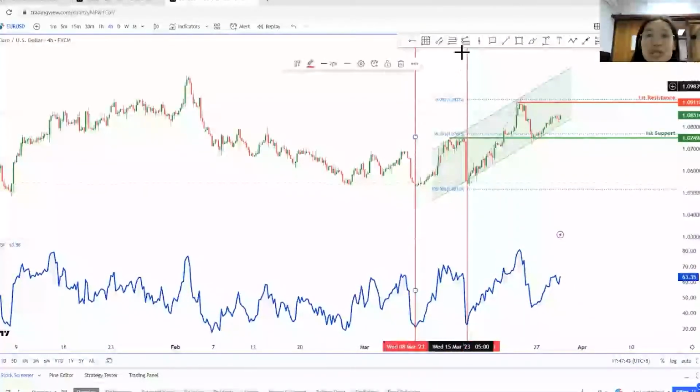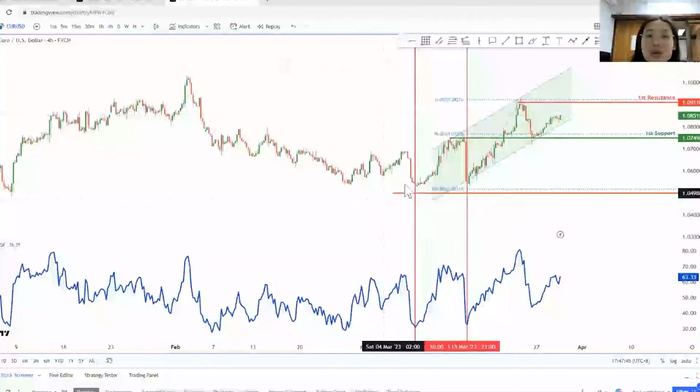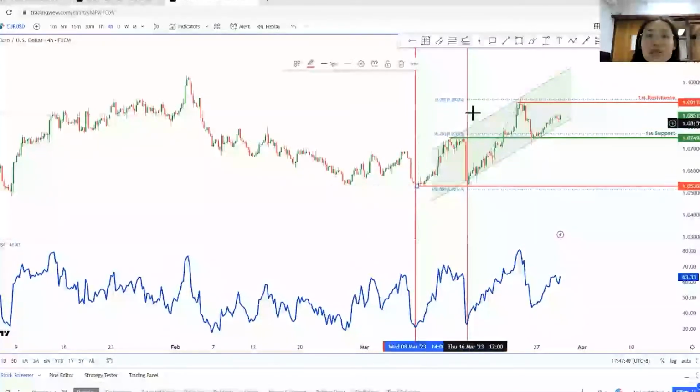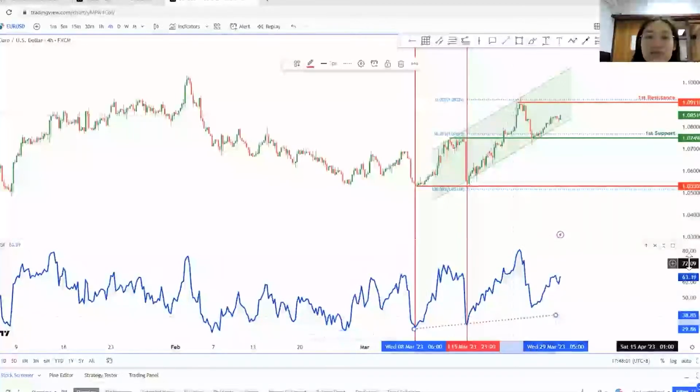So here on our price chart, it's a horizontal level. You can see the wick of the candlestick here. Right? So it's a horizontal level, whereas on our RSI chart, price is moving upwards.